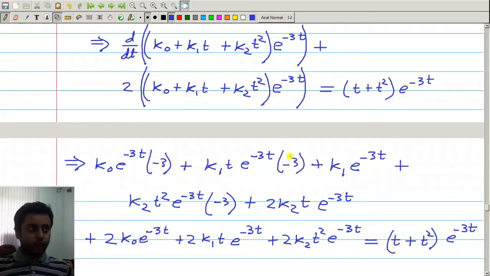Now you observe that e to the power minus 3t is common everywhere. So I can take it common or eliminate it from both the sides.